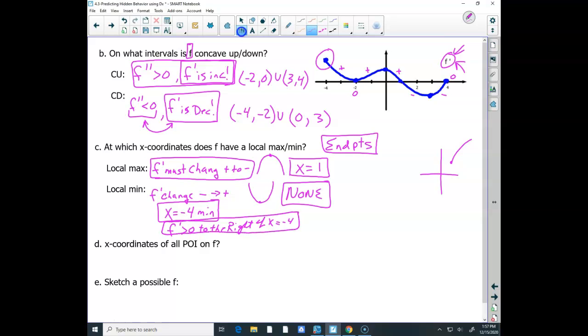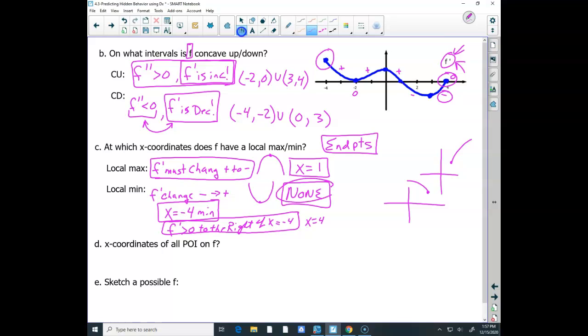meaning I'm a max or a minimum value. Check this endpoint. What's happening at x equals 4? Well, graph it out. I've got an endpoint on the right side. I can see my derivative is negative to it. That means my function is decreasing to that point. Hey, that means that's a minimum too. So I'm going to have a minimum also at x equals 4.